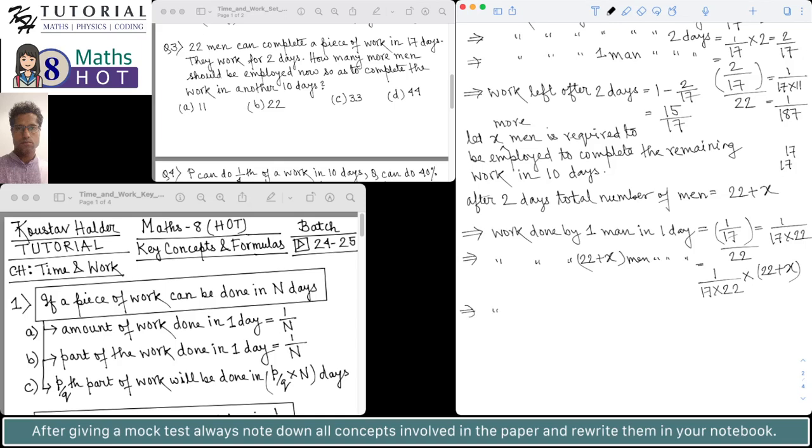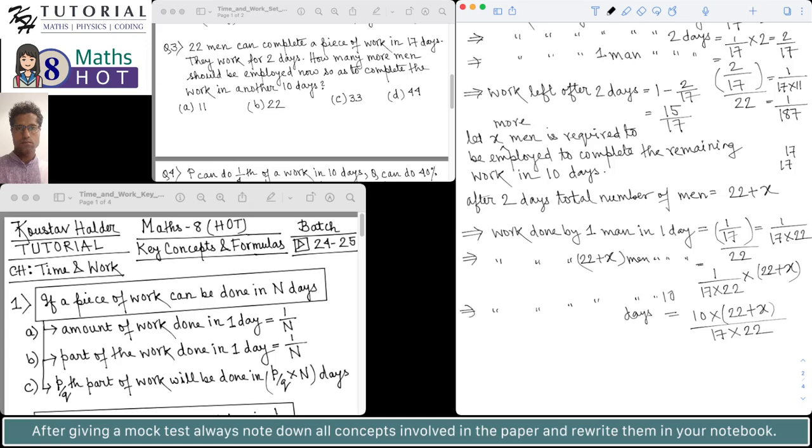Now we can say work done by 22 plus x men in 10 days will be equal to 10 multiplied by 22 plus x divided by 17 multiplied by 22.